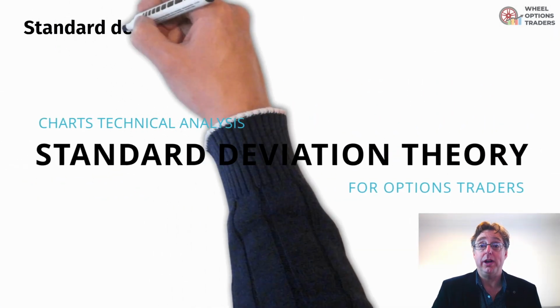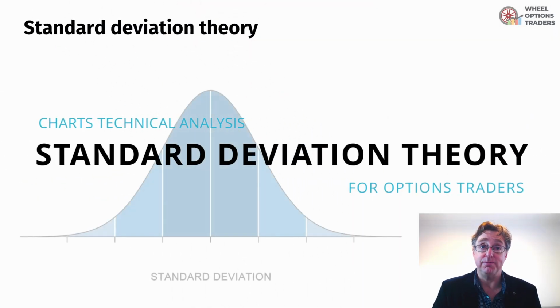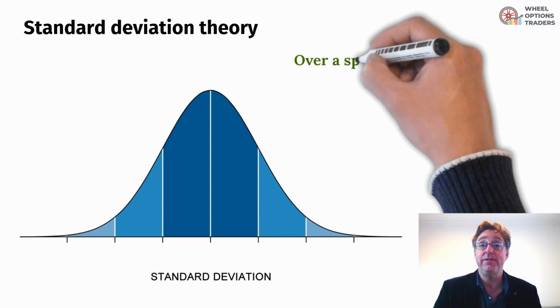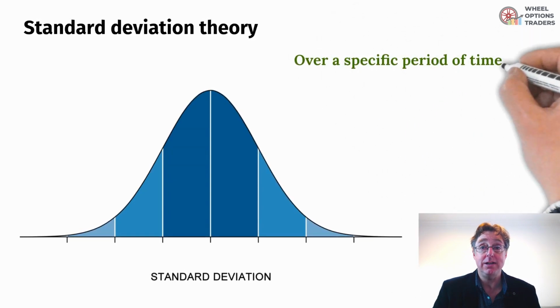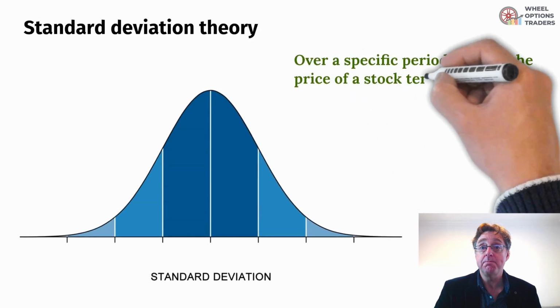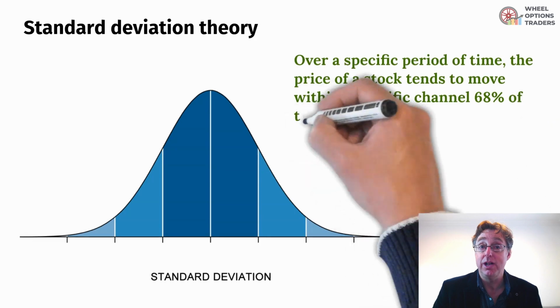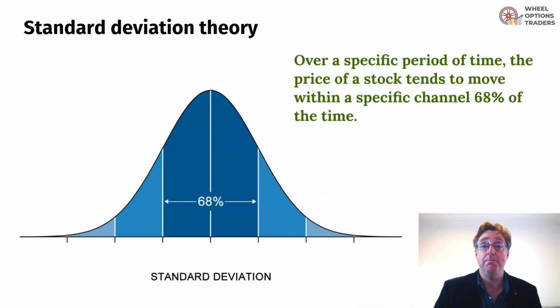Let's start with a quick look at the theory of standard deviation. Look at this chart. It's a visual representation of how standard deviation works. Now, standard deviation means that over a specific period of time, a day, a week, a month, whatever, the price of a stock tends to move within a specific channel 68% of the time.